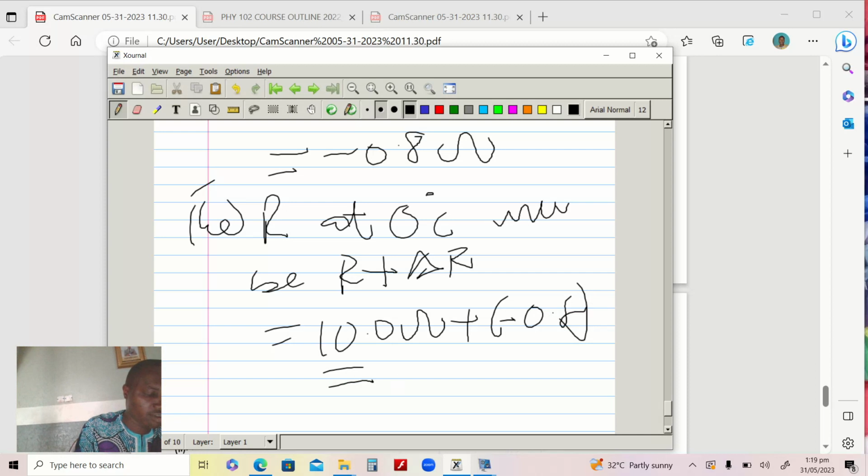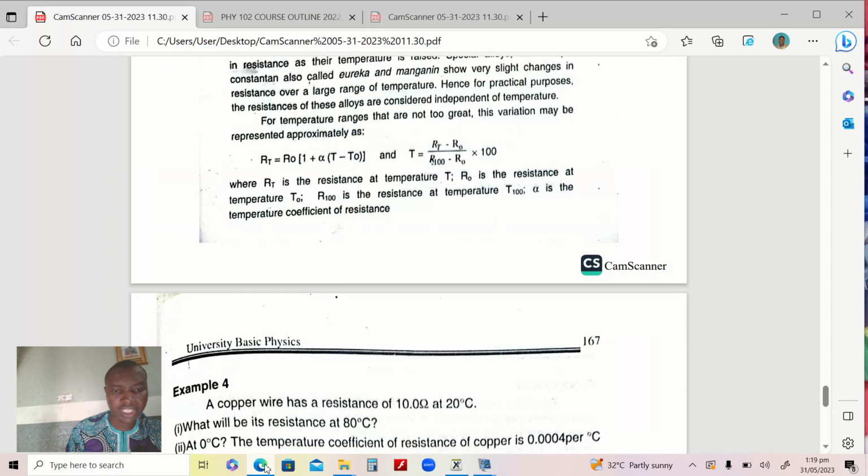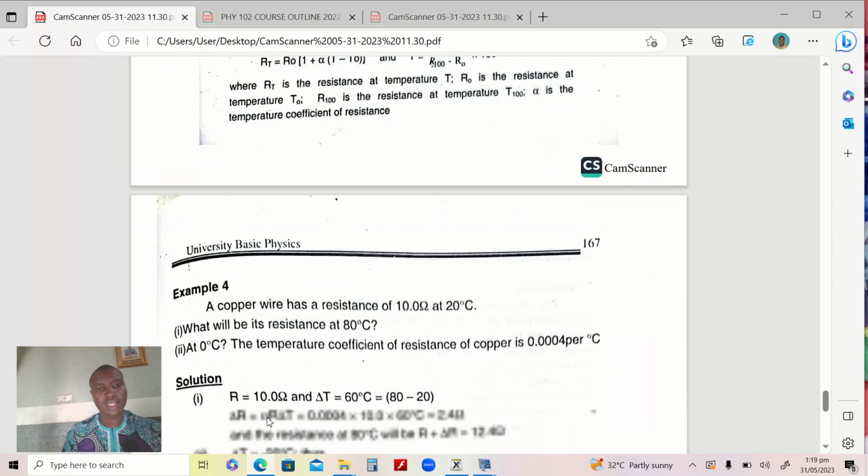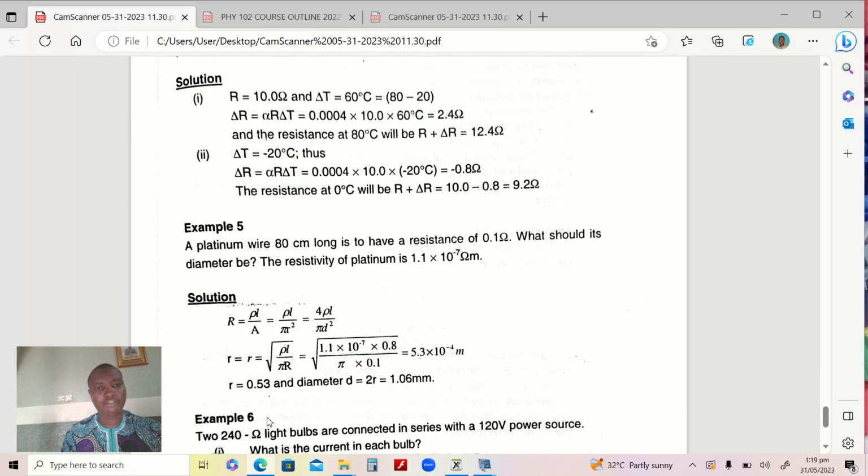Then you will have 9.2 ohms. So that's what we have for that question. Let's take the last question for the day, as we have our break for the week.